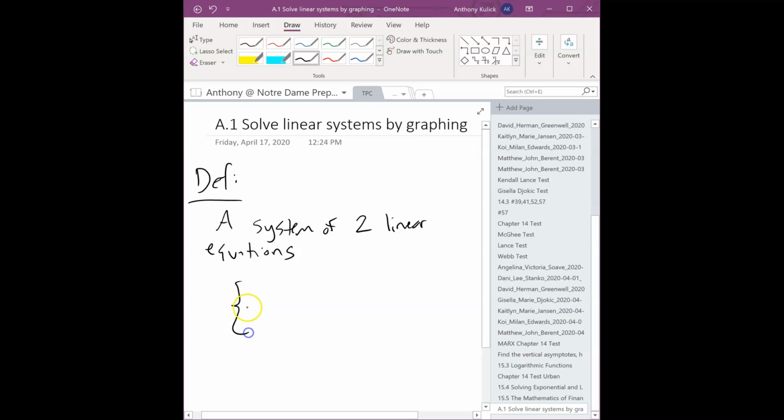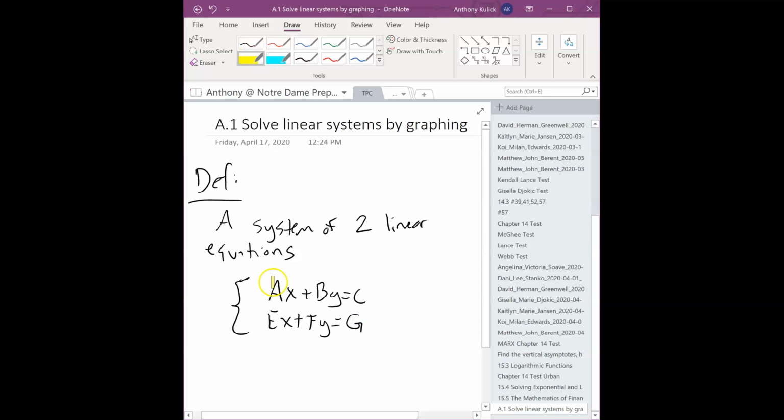So we use a little curly bracket, and we have ax plus by equals c, and then ex plus fy equals g.